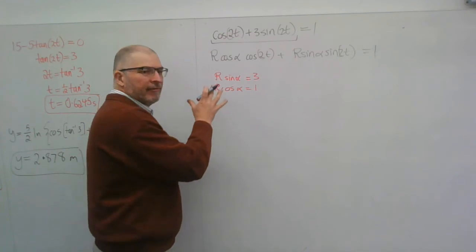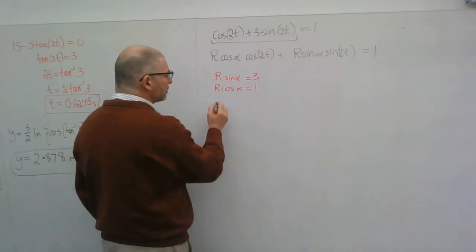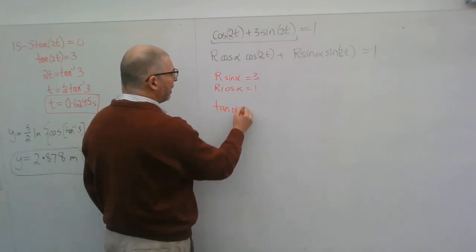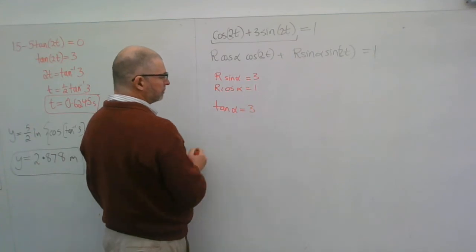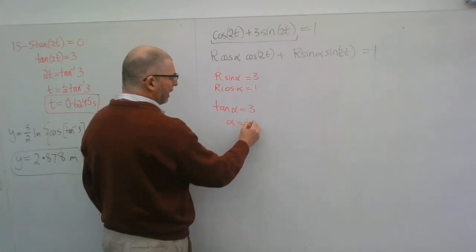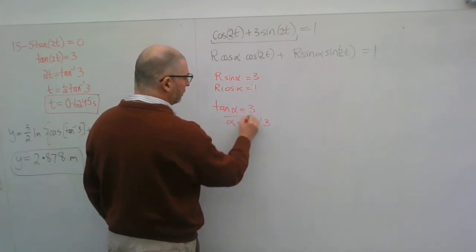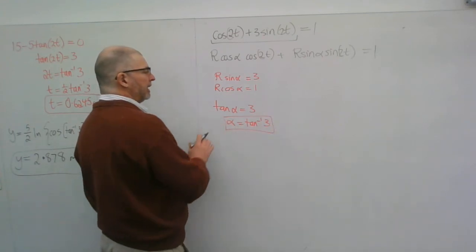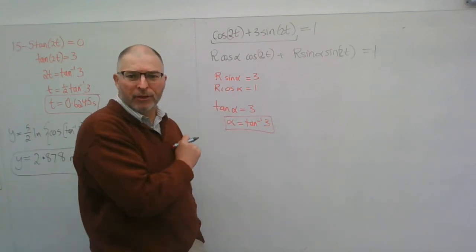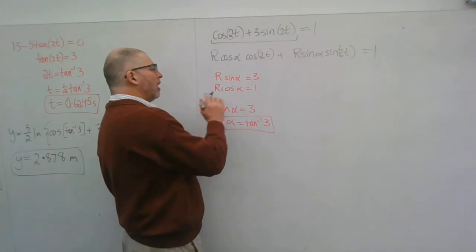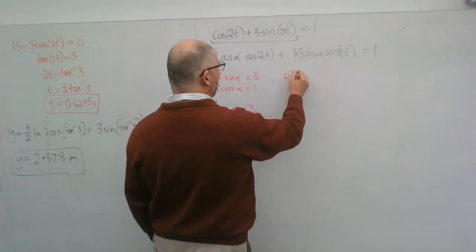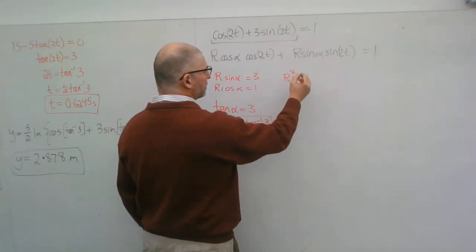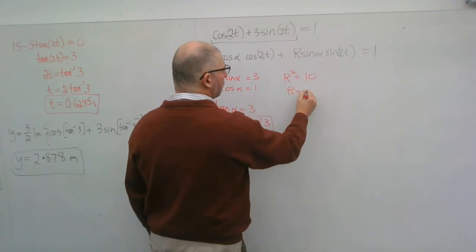Now if I divide those two equations, I get tan of alpha equals 3. So alpha equals inverse tan of 3. And if I square both equations and add them, I'll get r squared equals 3 squared plus 1 squared, 10. So I'll get r equals root 10.